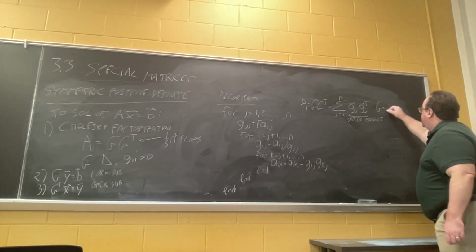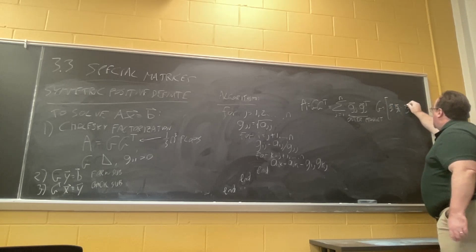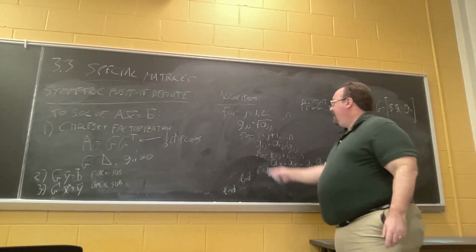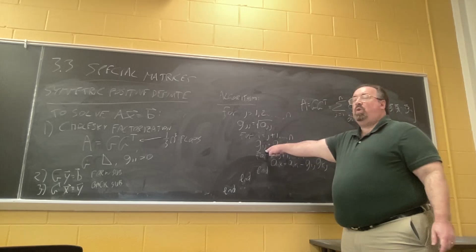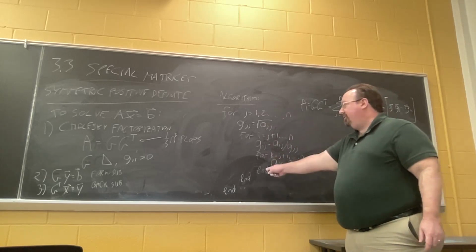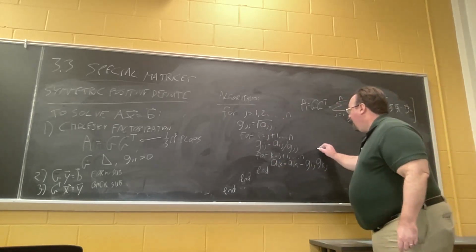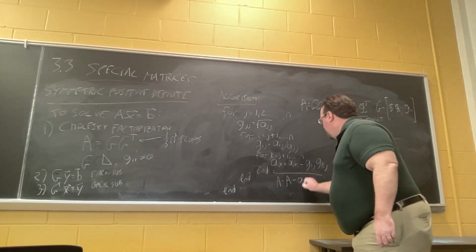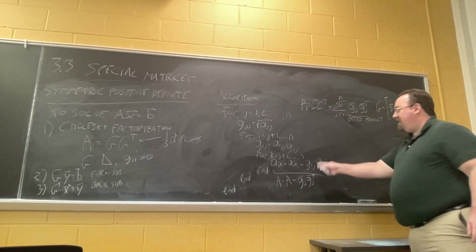Where the matrix G has these vectors, G1, G2, and so forth, as columns. Okay. So what this algorithm does is when j is equal to 1, it computes the vector G1, the entire first column of capital G. And then this right here is updating A by subtracting off the j outer product.